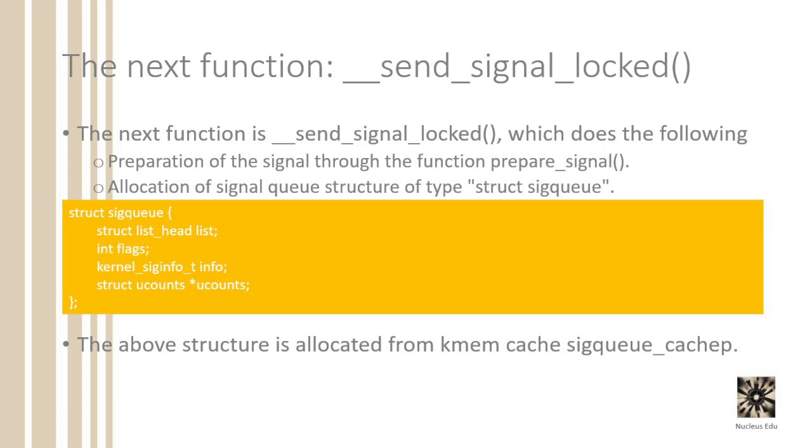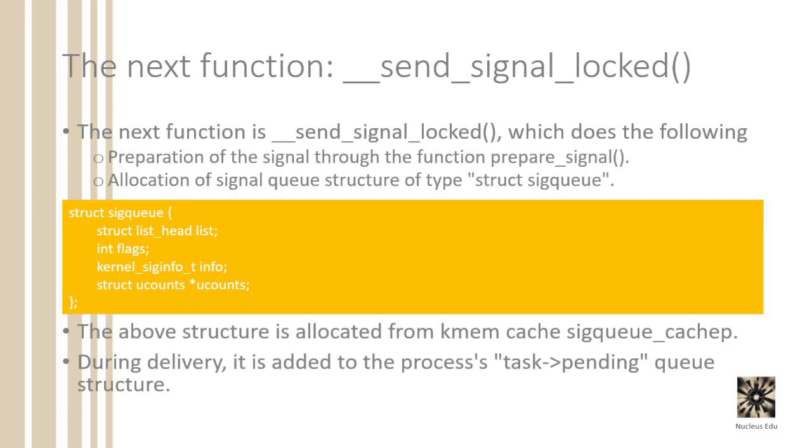If we look into the structure members a little bit, the first one is a list, which is used to add this structure into the task's pending queue of the process. And the third one is the siginfo structure, which had been prepared way back, and we have been carrying this all along, and this is where it is updated.